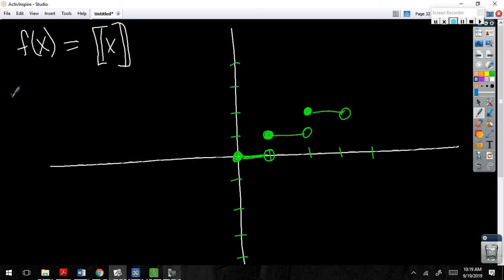The parent function does start out that way. F of 0 would be 0. F of 1 would be 1. This is going to keep going, just like a line. It's going to keep the pattern going, unless I restrict it.